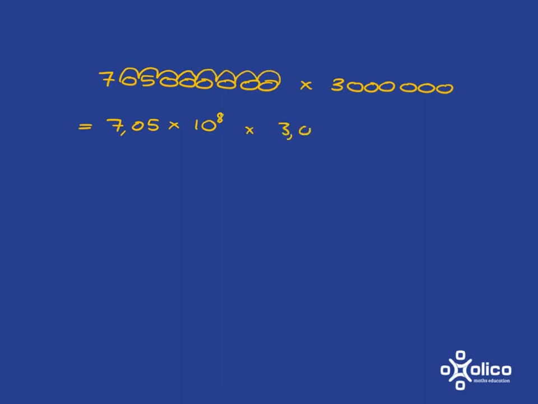And for the second one, it's 3,0 multiplied by 10 to the power of 6. Now we're going to focus on each bit. We're going to multiply those together, and then multiply those together.